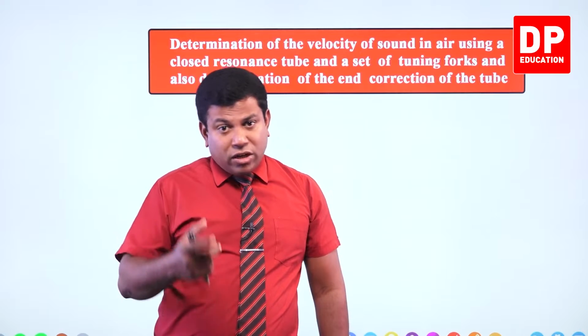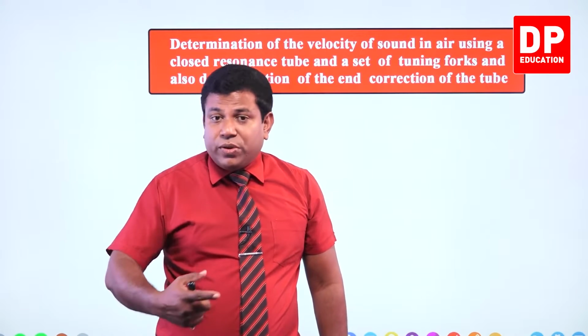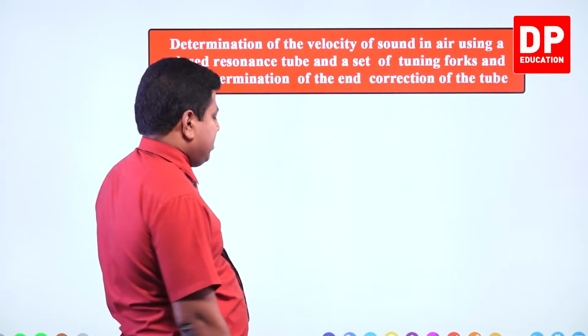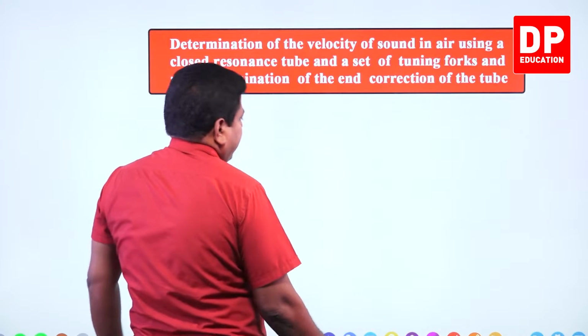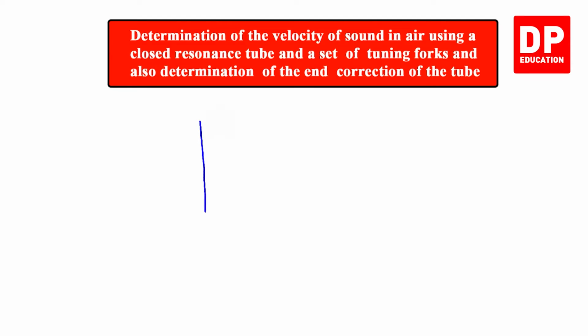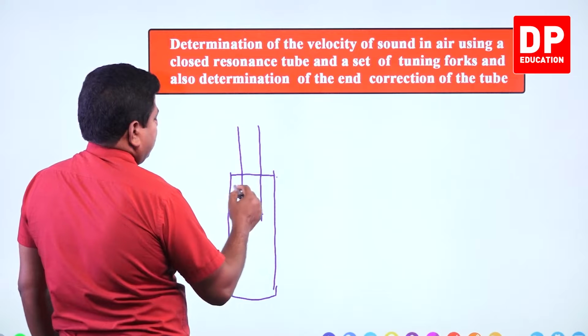Here we have a set of tuning forks. So what we are going to do here, it's very simple. Like we did in the previous experiment, we will make the arrangement for a resonance tube with variable length, right?